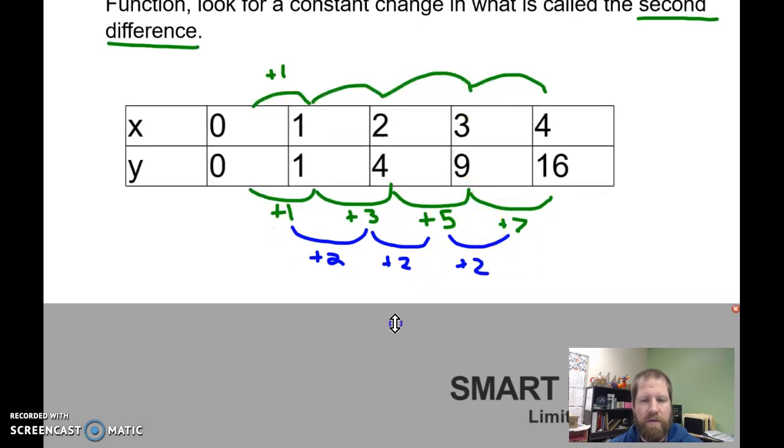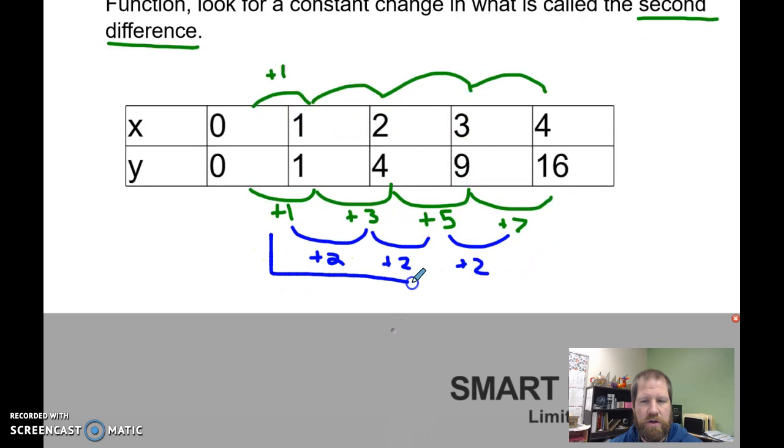Okay, I'm looking for that constant change for my second difference. And this is telling me that, yeah, the change isn't the same, but the amount that I change each of my changes by is the same.